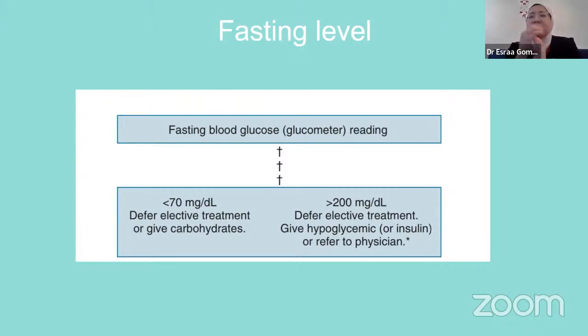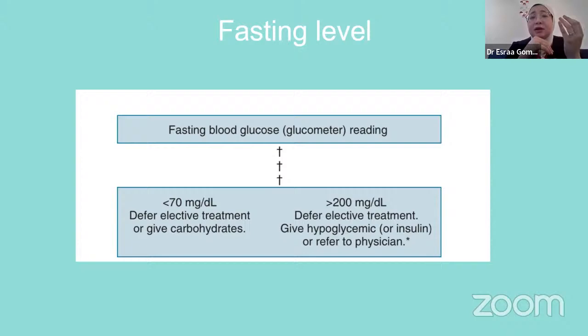But I just want to tell you something. The most important number is the fasting blood glucose, not the postprandial. Most of our dental practitioners just ask the patient when they did their last investigation and take only the postprandial, or something haphazardly done in any lab, and this is not adequate.